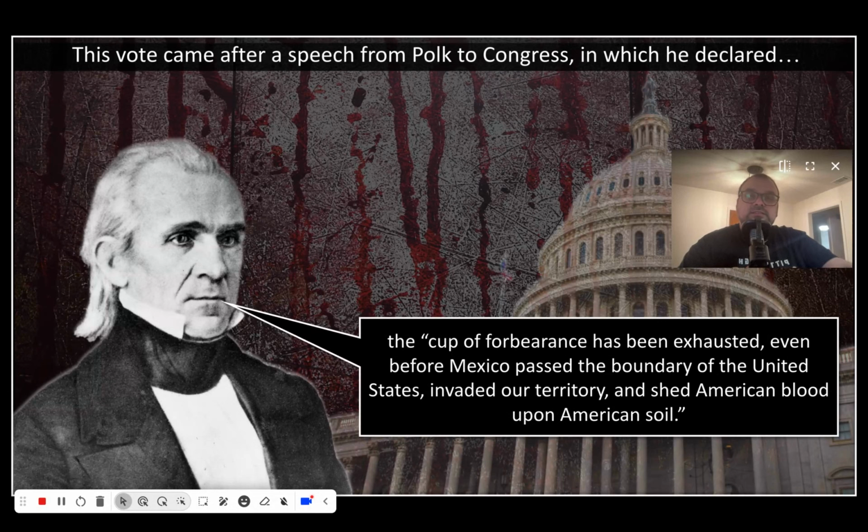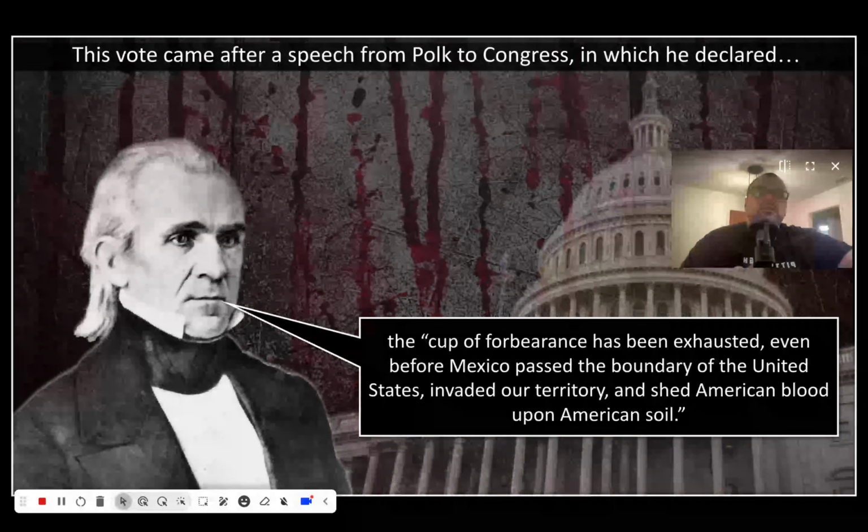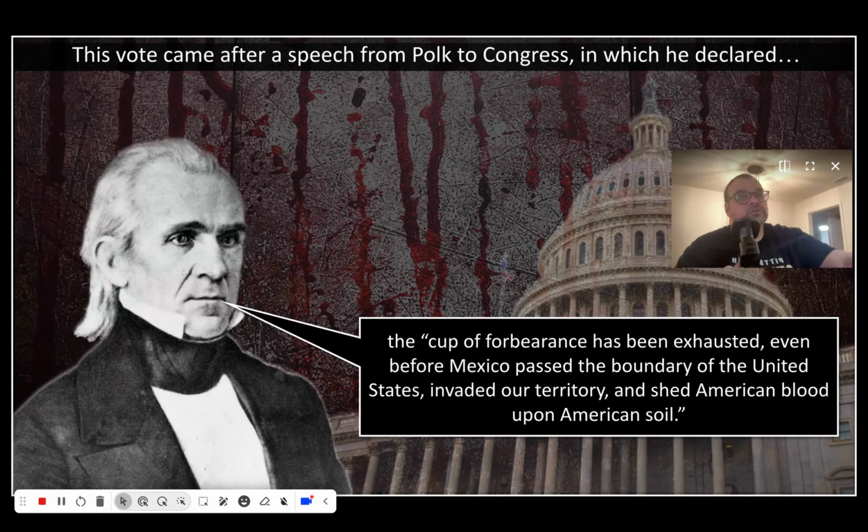Zachary Taylor had crossed the Rio Grande River into what is Matamoros. The Mexican soldiers in that region attacked him. So then Zachary Taylor retreats back to what is now Brownsville, and the Mexican army followed them. And that's where the battle happened. They're at Fort Brown.